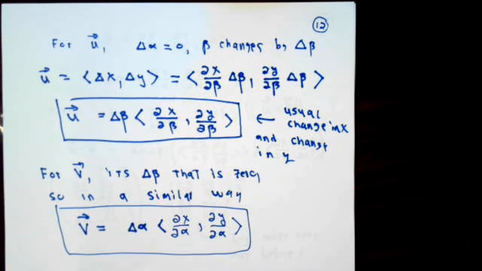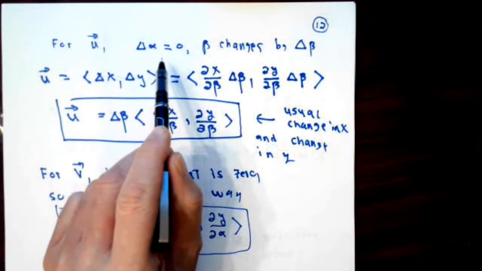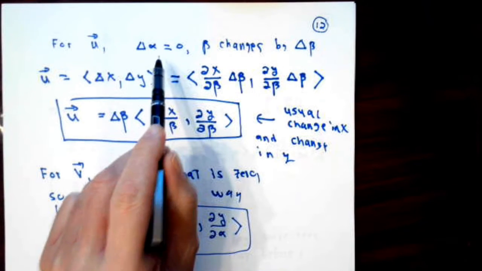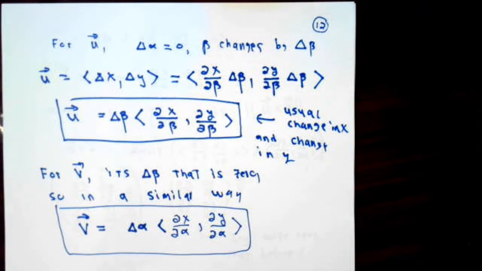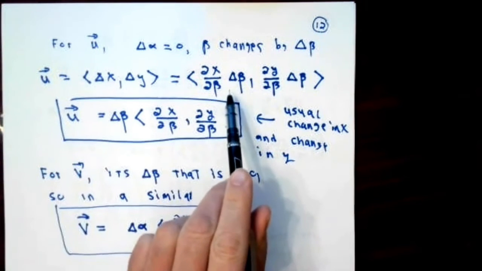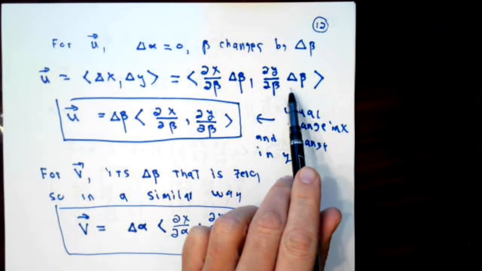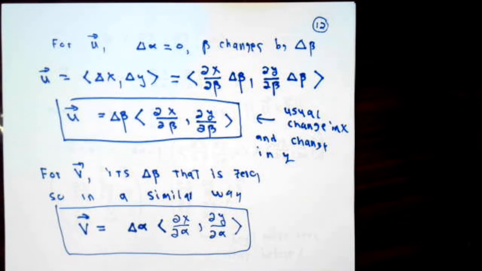So, splitting this up into chunks, for u, delta alpha is 0. So if I write down those two formulas that I just had with delta alpha being 0, I find out that delta x is, to this level of approximation, partial of x with respect to beta times delta beta, partial of y with respect to beta times delta beta, and my third component would be 0.